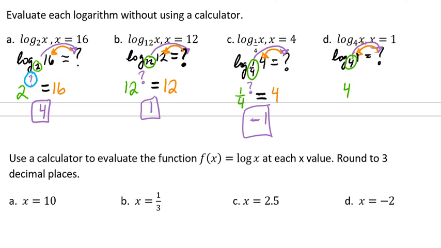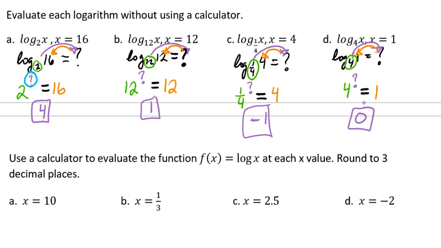So 4 to what power is going to equal 1? What exponent would give us a 1 there? That's right, a 0, because anything to the 0 power is 1.